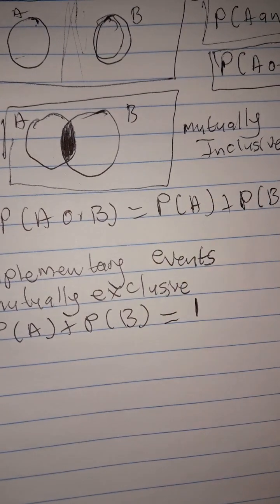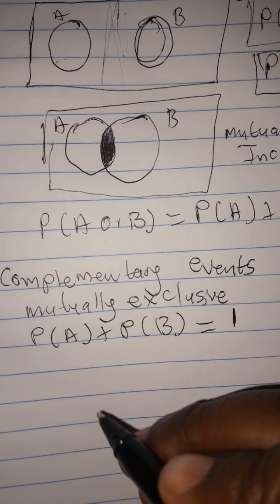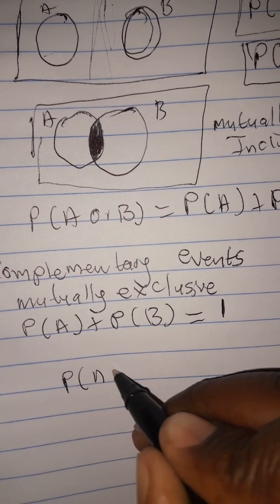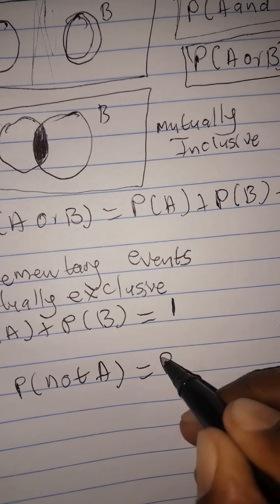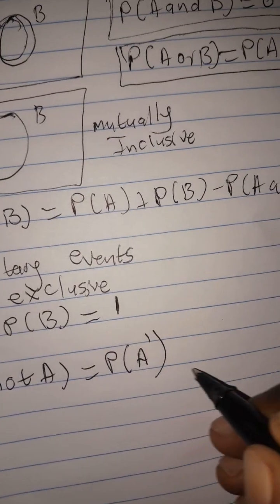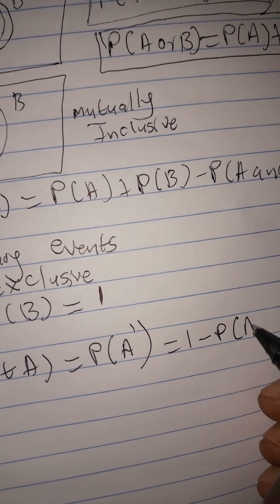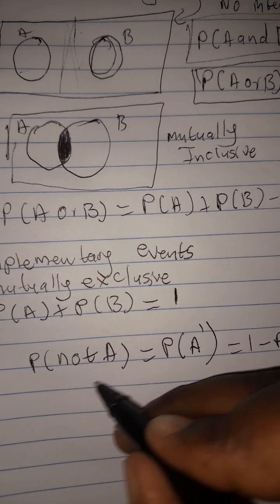Another thing is that when events are complementary, the probability of not A, written A prime, is equal to 1 minus the probability of A. So this is the probability of not, when they talk about the probability of not.